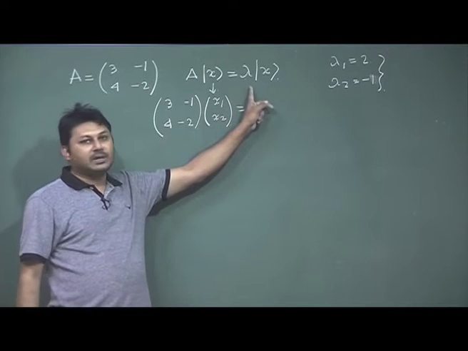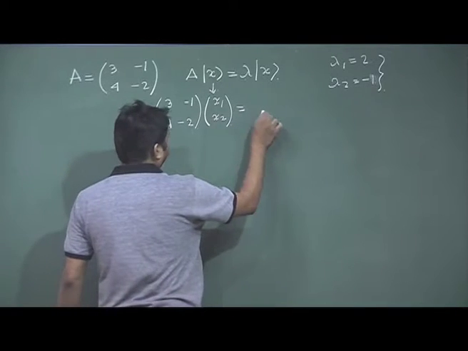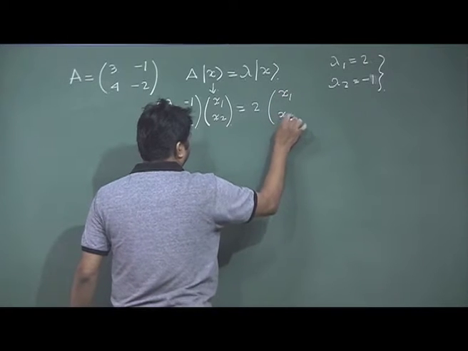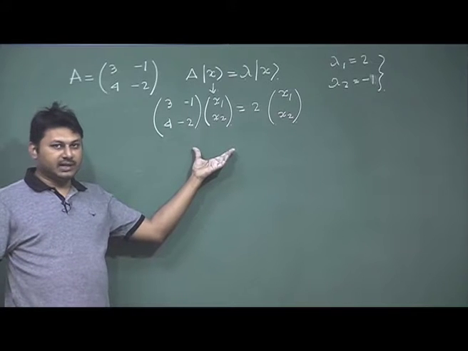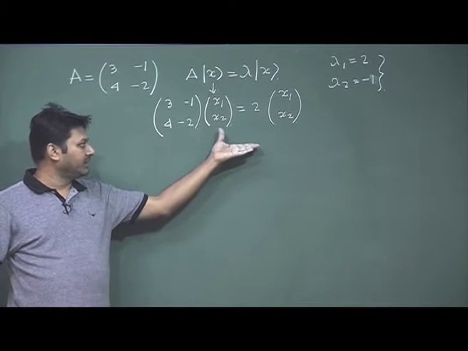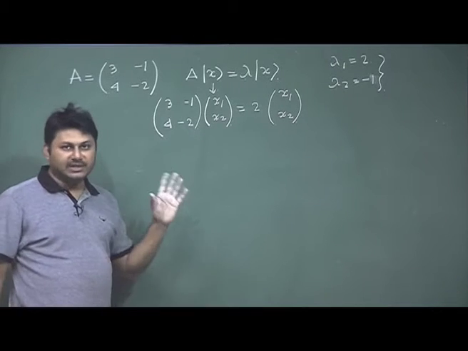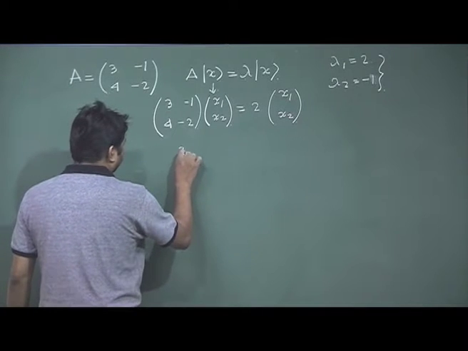Now for 2 lambdas I should get 2 different eigenvectors. So for lambda 2, x1 x2, I should have two equations, and if I solve those, I will get the values of x1 and x2, but always you will get a relation. Why you are getting a relation, I will explain. So let me first find it.